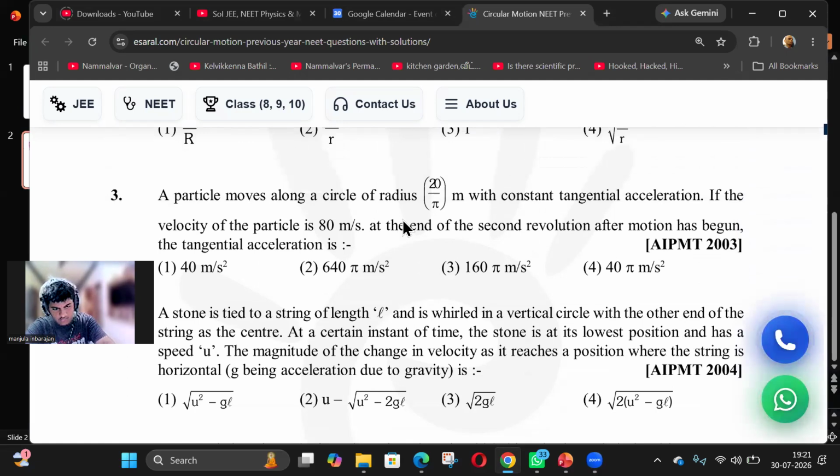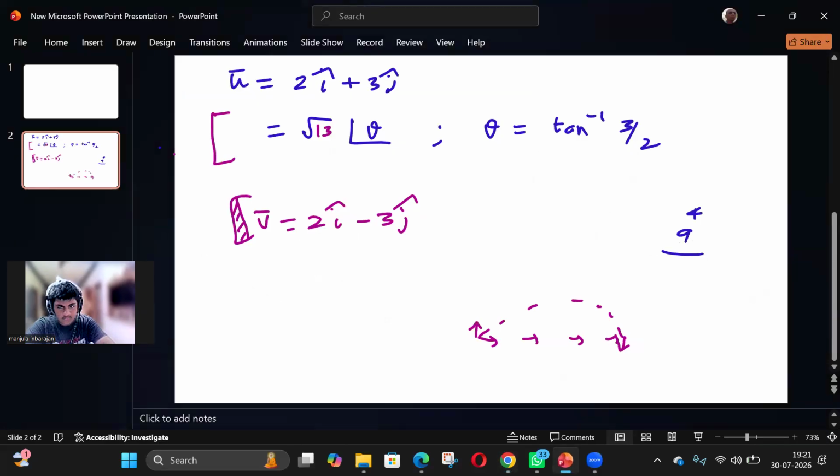Any other question? So, banking of road concept, did you understand? More or less. Okay, so suppose there is no banking, which means the road is flat.